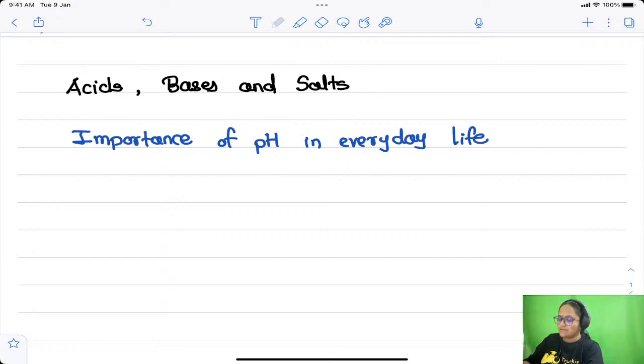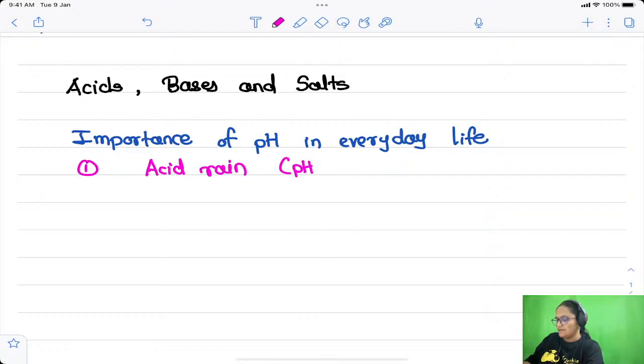First we discussed acid rain. The pH of acid rain is lesser than 5.6.